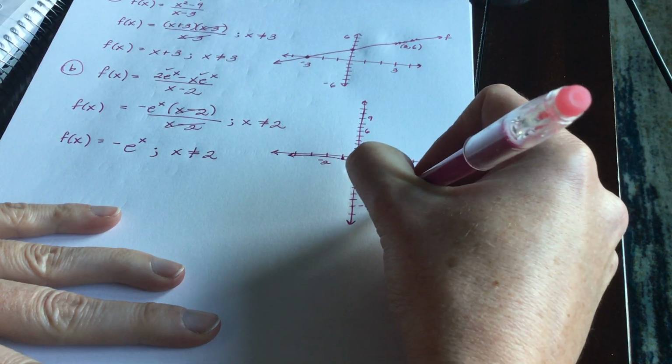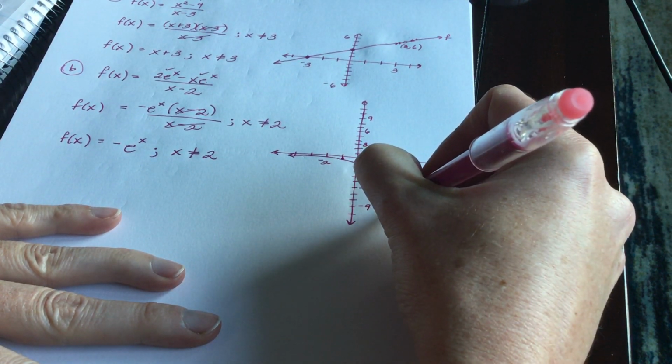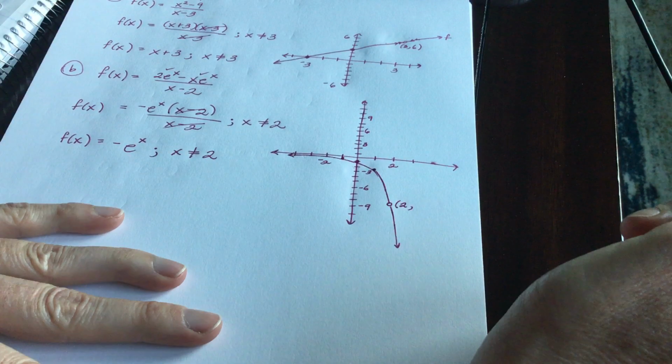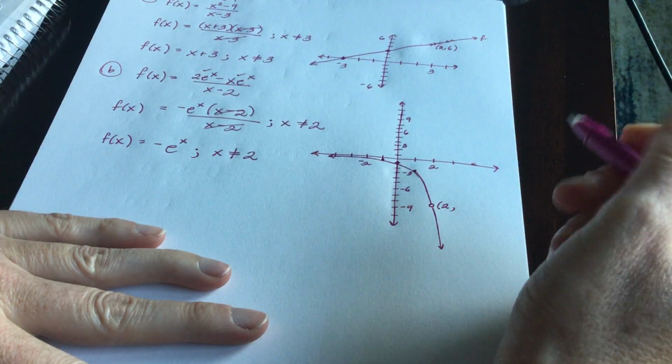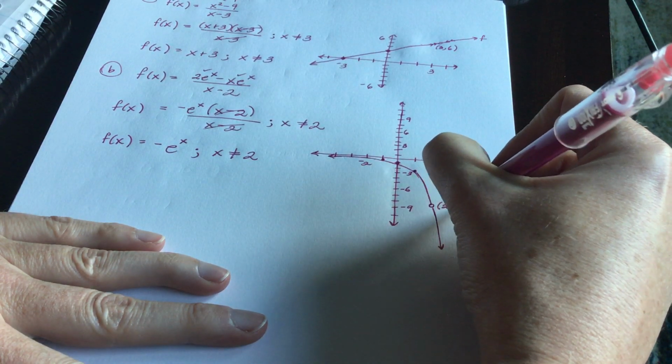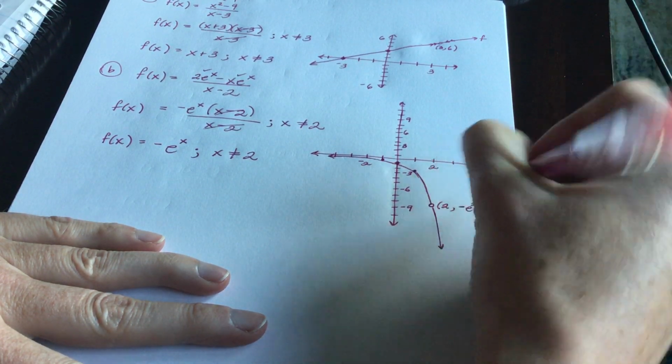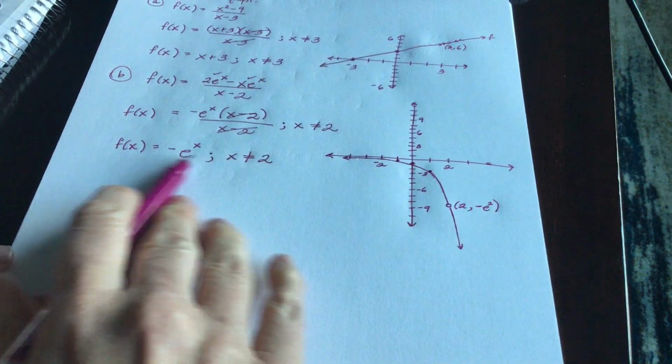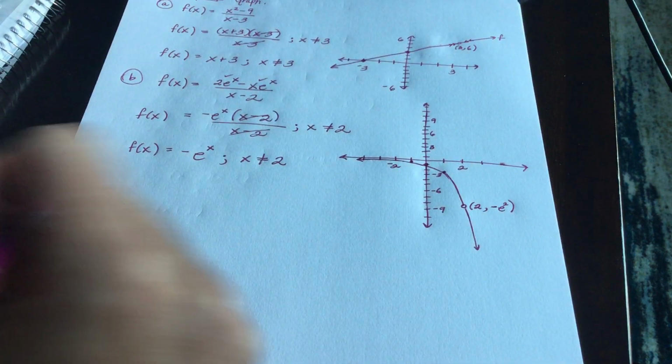So I'm going to label the coordinates of this removable discontinuity as 2 and, think, what would the y coordinate be? The y coordinate would be negative e squared, just plugging it into the function value after you'd canceled that out.